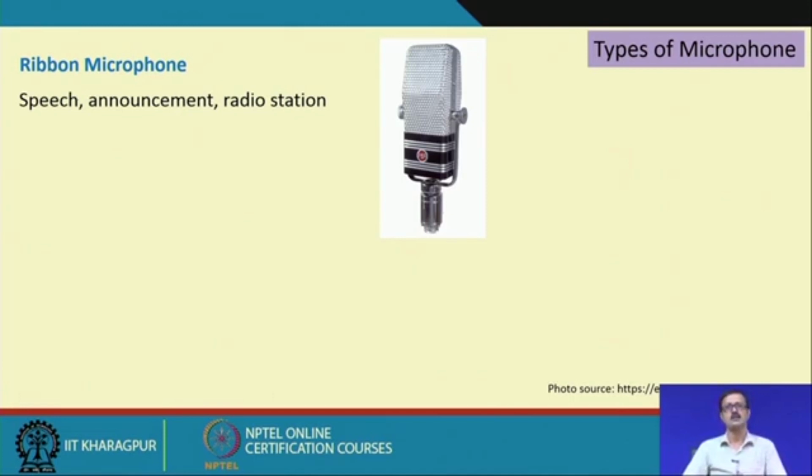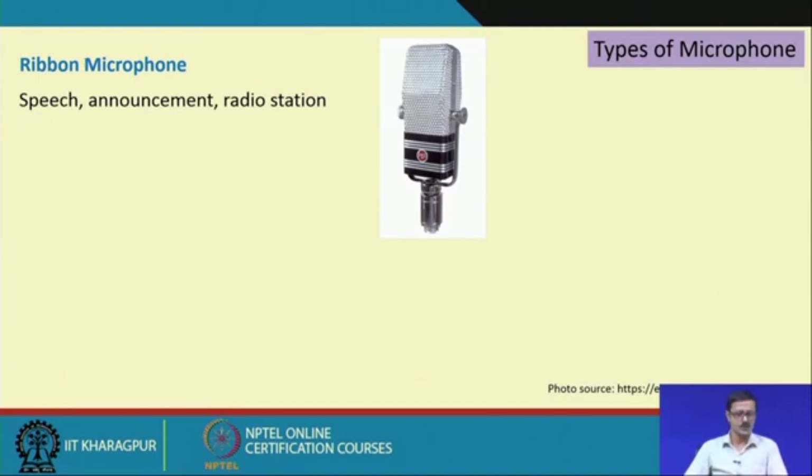It was used for announcements. You may have seen this kind of microphone in the telecasting of sports events like cricket or football, in the commentators' booth, where they sit and give the running commentary.